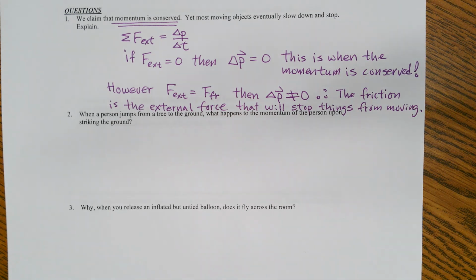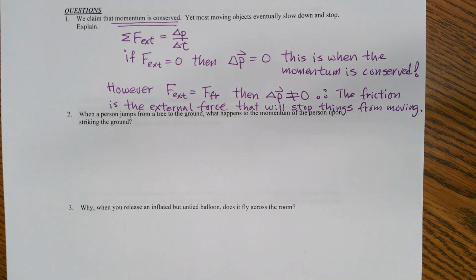So the work done by friction is going to cause it to slow down and stop eventually. And since friction is not zero, that's why conservation of momentum does not happen in that case.